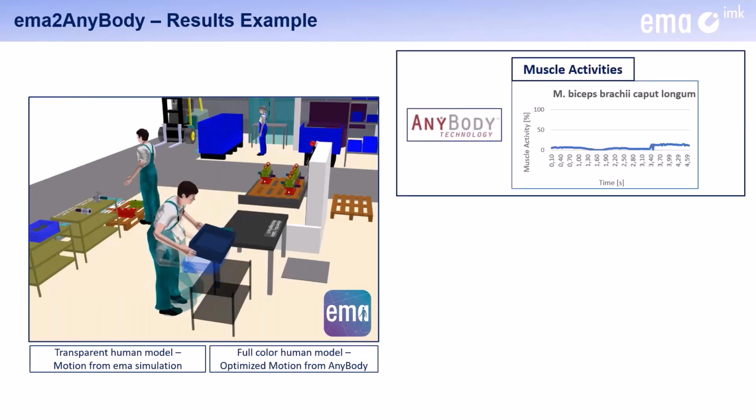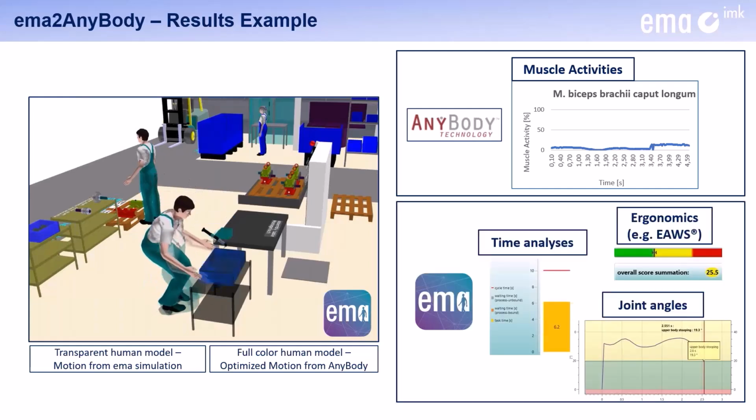This means I can now enhance my results when it comes to workplace design and process designing. I have new results from AnyBody, for example, which I can use in EMA, with muscle activities, joint angles, forces, and so on. But you can also combine it with EMA results, with time analysis, how long work tasks take, but also the ergonomics in EMA, for example the EAWS or joint angles.